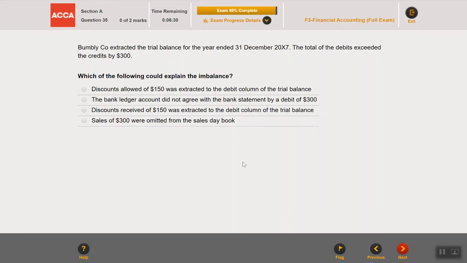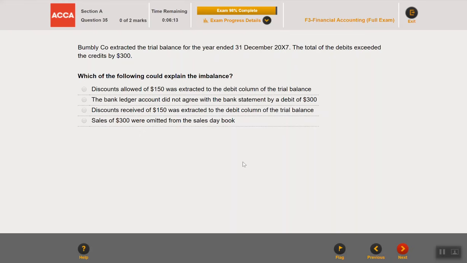Bank ledger account did not agree with the bank statement by a debit of 300. No problem. Discount received of 150 was extracted to the debit column of the trial balance. Yeah, this is interesting.